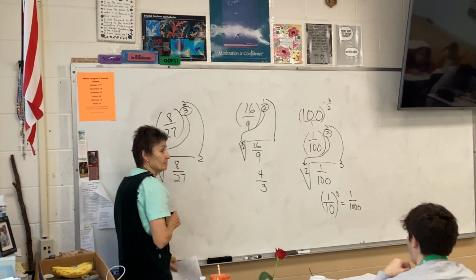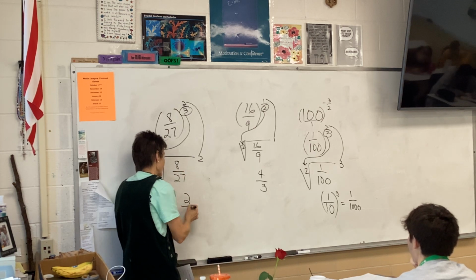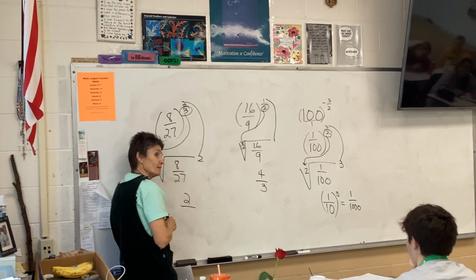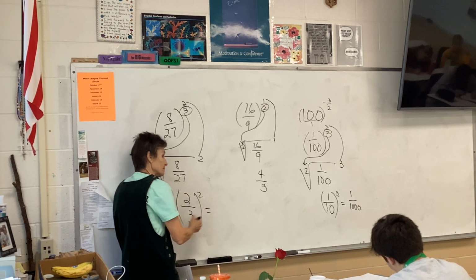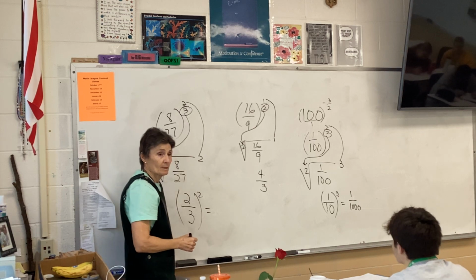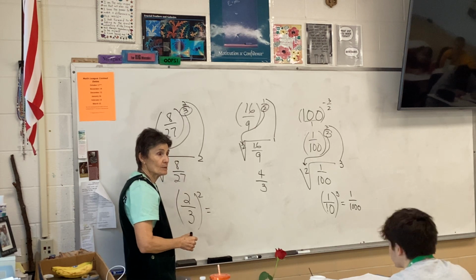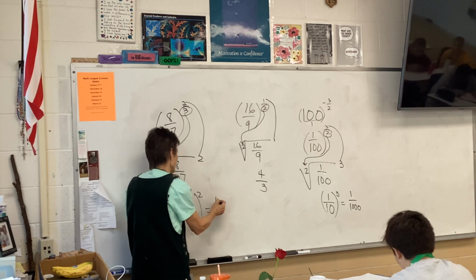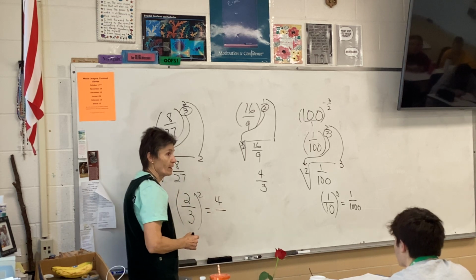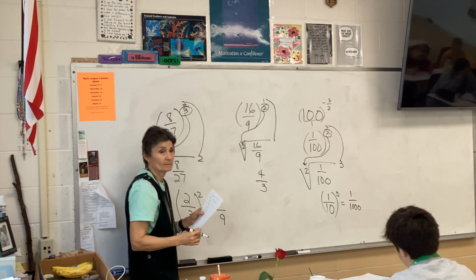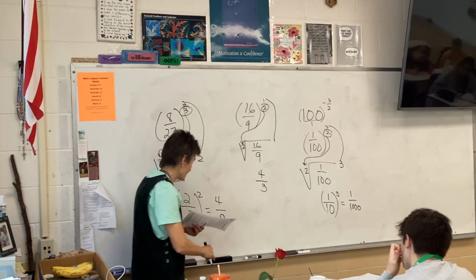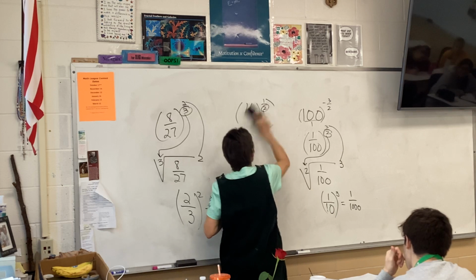Cube root of 8, 2. Cube root of 27, 3. And I'm going to square that. 2 squared, 4. 3 squared, 9. Guys, this isn't hard. This is not hard. You can do this. All right, the next one.